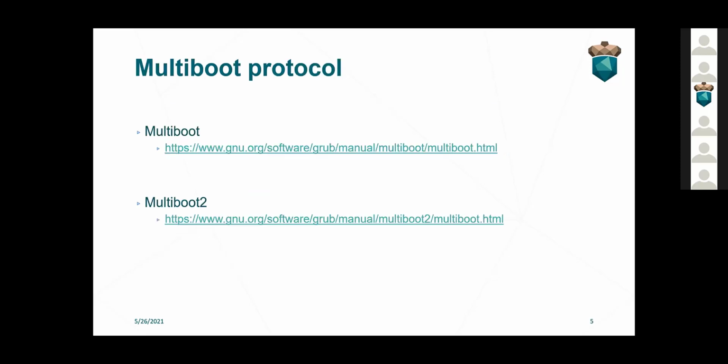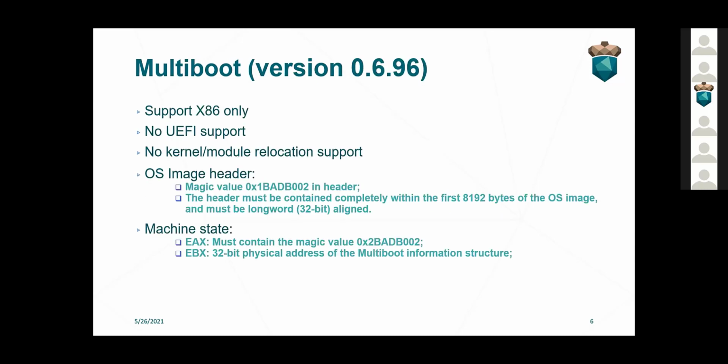Okay, this is a link for the multiboot protocol. The multiboot protocol has two versions. One is multiboot, another is multiboot 2. I will introduce them one by one. Multiboot version 0.6.96 is a very early version of multiboot.